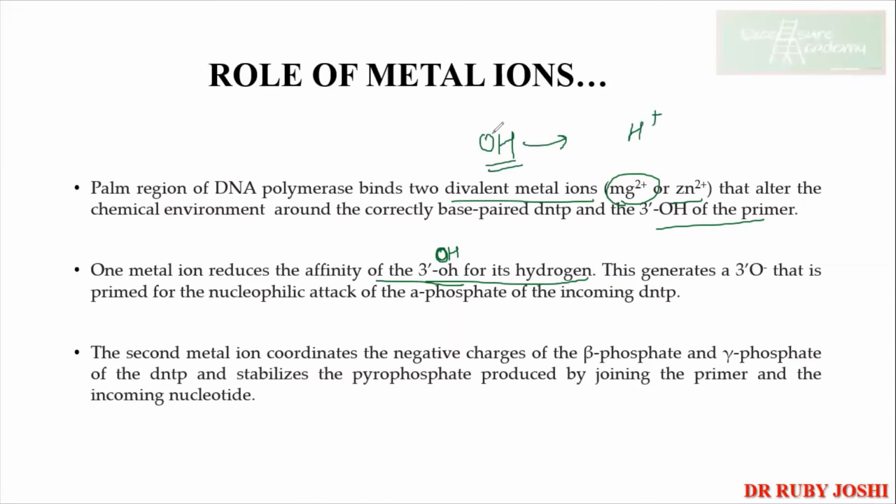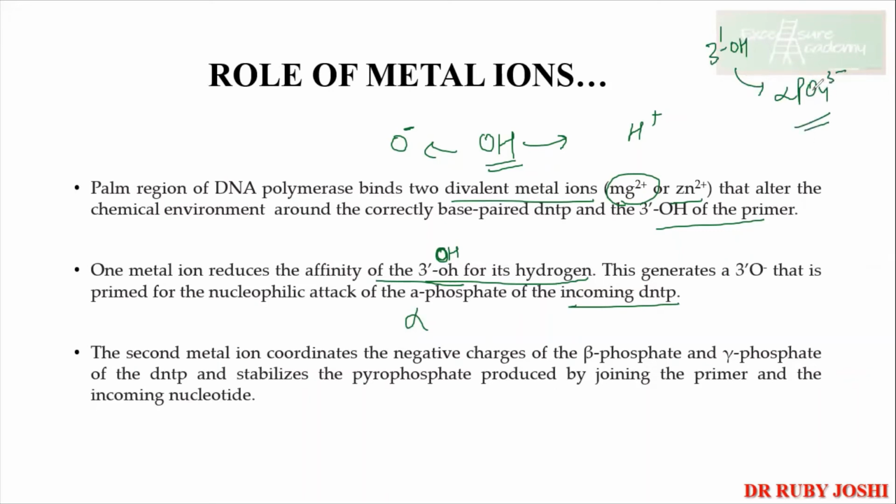This becomes H plus and the oxygen has the negative charge, right? So this generates 3-O minus, which is now primed for the nucleophilic attack of the alpha phosphate of the incoming dNTPs. Remember? So we were talking about 3-OH attacking at the alpha phosphate, right?